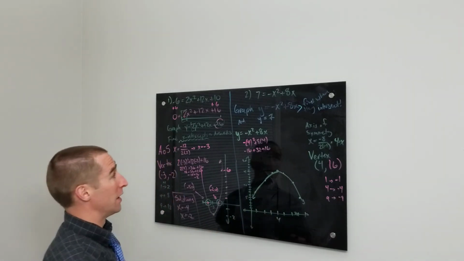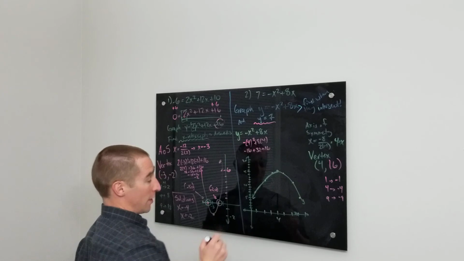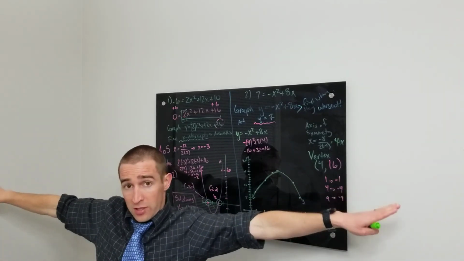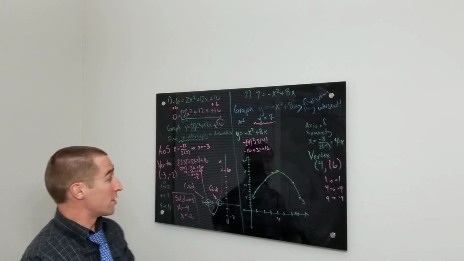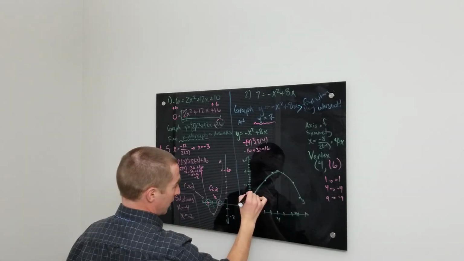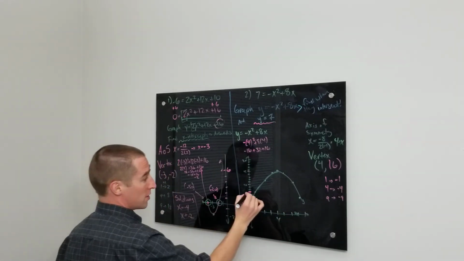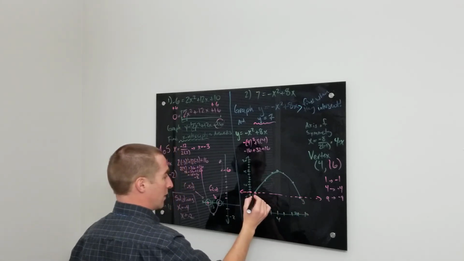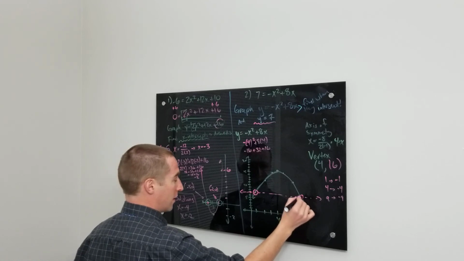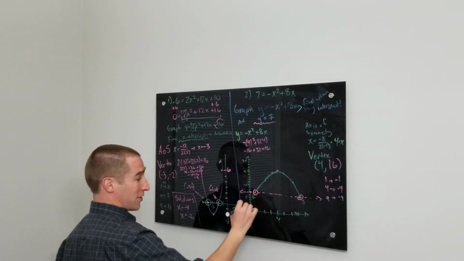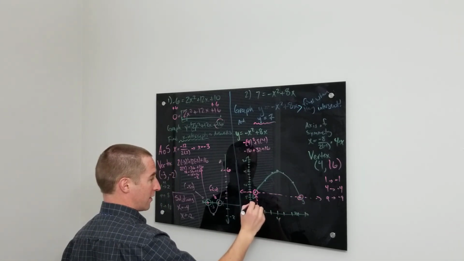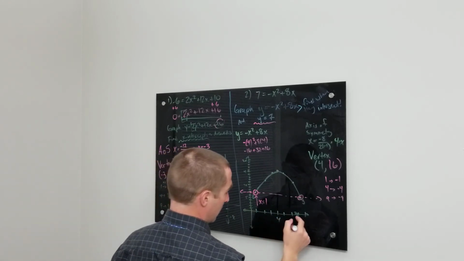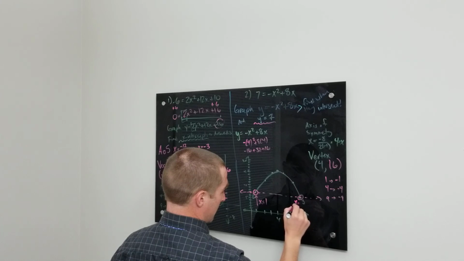Now I'm going to graph the line y equals 7. Remember, y equals 7 is a horizontal line. It goes side to side. So I go to 7 right here, and I draw a horizontal line across y equals 7. And I see that the graph intersects at x equals 1 and x equals 7.